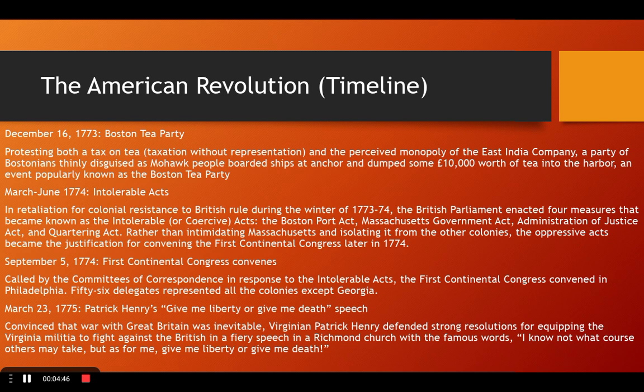Rather than intimidating Massachusetts and isolating it from other colonies, the oppressive acts became the justification for convening the First Continental Congress later in 1774.